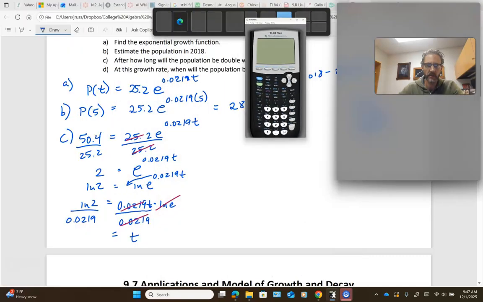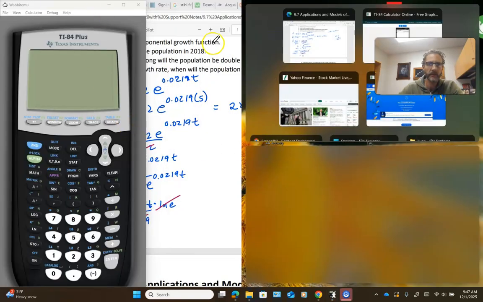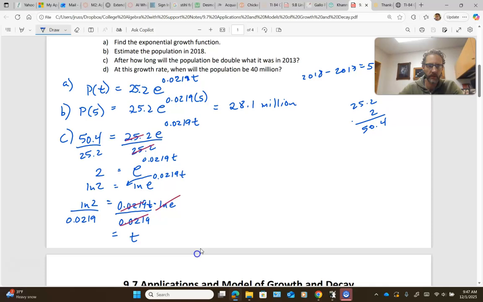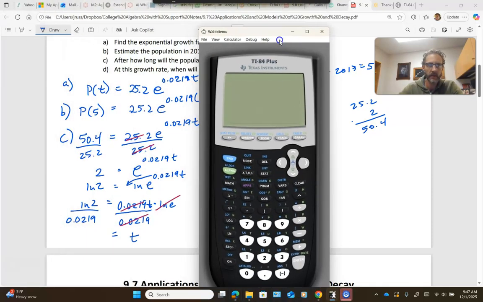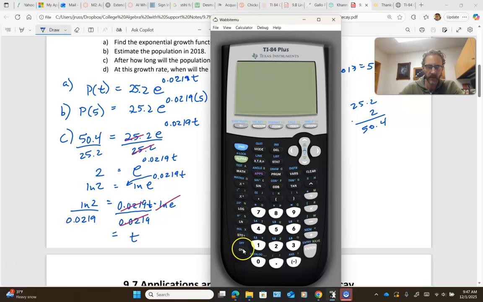I'll use this calculator. Okay, so the natural log of 2, make sure you close that parentheses before you divide, divided by that decimal, 0.0219.